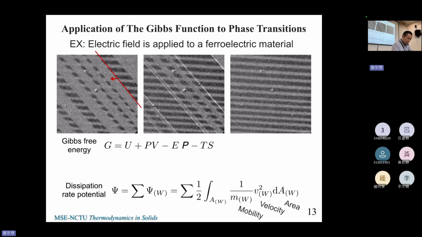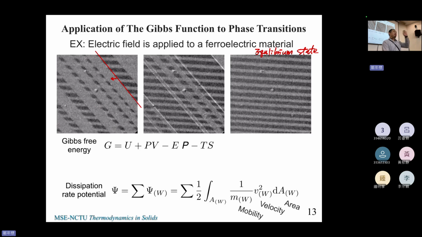The interface will move, all the interfaces will move, and then eventually it becomes one type of domain, or we can say twin. Right, so it reaches the equilibrium state. So you can imagine that the electric field is non-mechanical work, right?